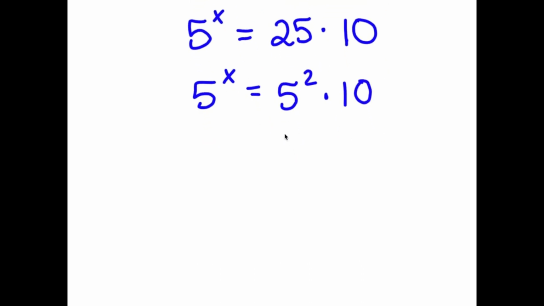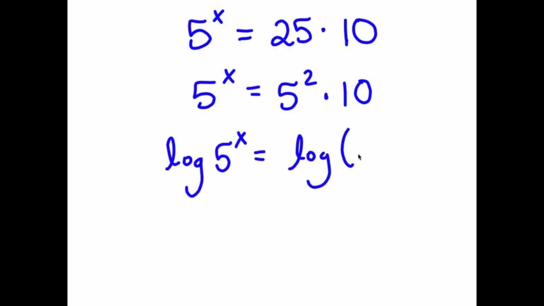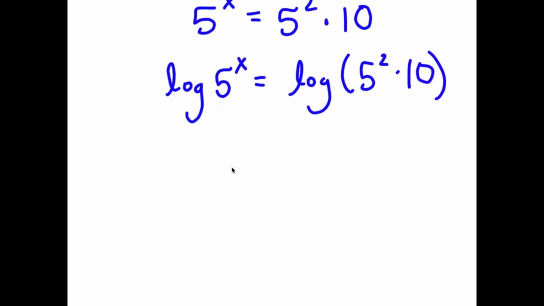Now what I'm going to do is I'm going to take the log on both sides. So now I have log of 5 to the power of x is equal to log of 5 squared times 10. And now an important rule to note down is that if I have something in the form log a to the power of b, I can actually move this exponent b to the front.